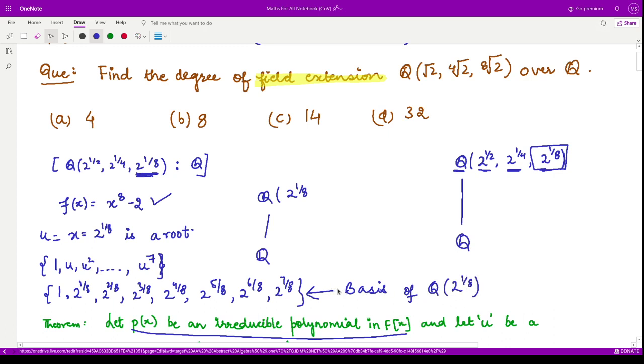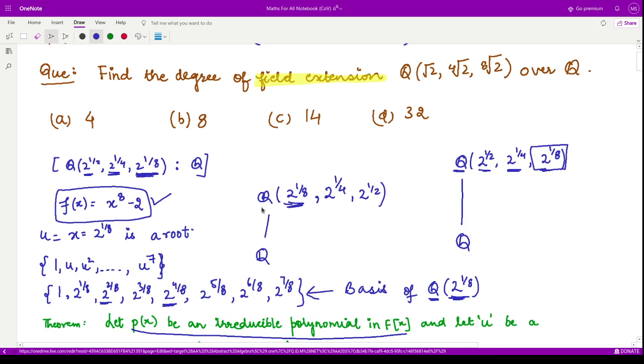Now you can see the element 2 to the power 1/4 and the element 2 to the power 1/2, this one and this one, they are already in the basis set when you adjoin this particular element to the field of rational numbers. So if you consider only this irreducible polynomial and you adjoin this particular element to the field of rational numbers, you will also get the elements 2 to the power 1/4 and 2 to the power 1/2 in it.